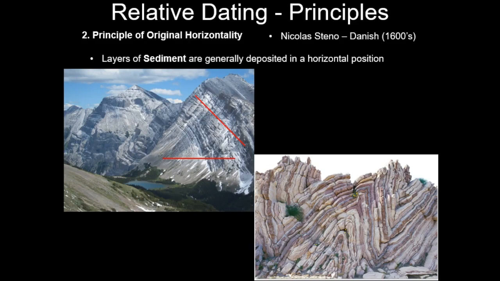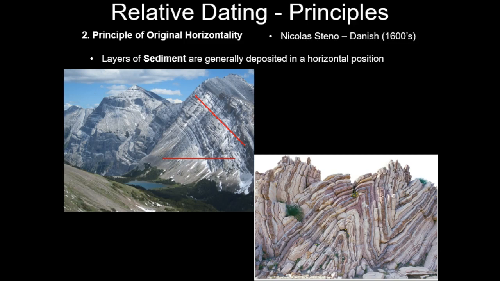Nicholas Steno is also credited with recognizing the importance of another basic principle, and this principle is the principle of original horizontality. So this principle states that layers of sediment are generally deposited in a horizontal position. Same thing goes for layers of volcanic ash, for example.